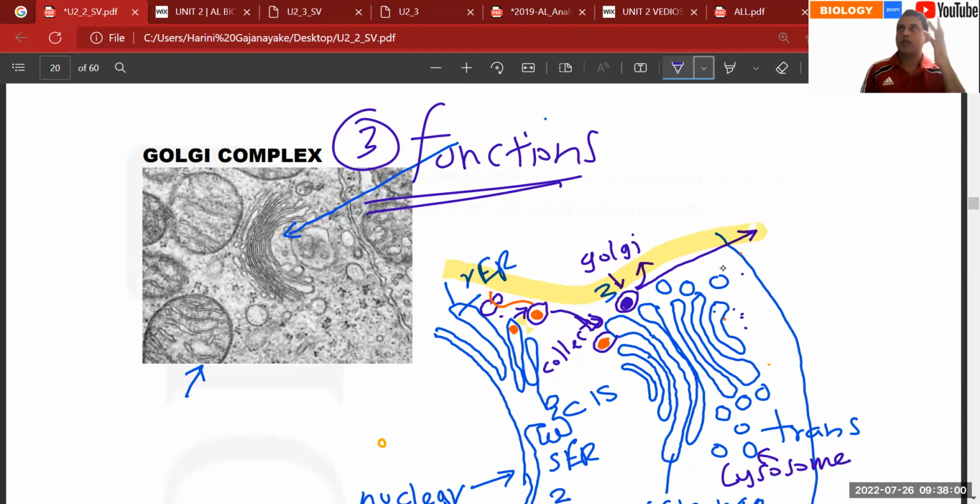Then you try to recall: what are the 3 functions of the Golgi? The Golgi produces vesicles, so it can collect, pack, and transport vesicles, such as proteins. Second, in plants, they produce cellulose and pectin. Third, the Golgi produces lysosomes. That's a way of studying.